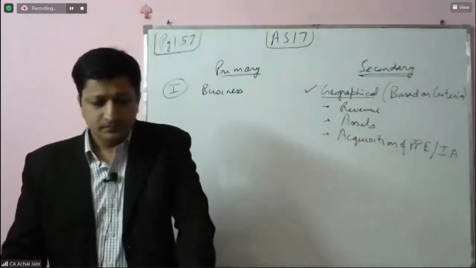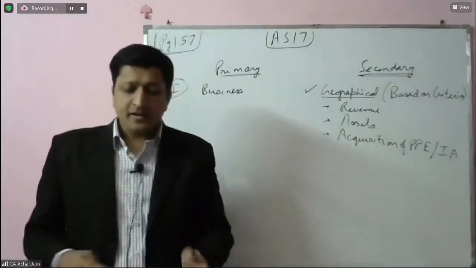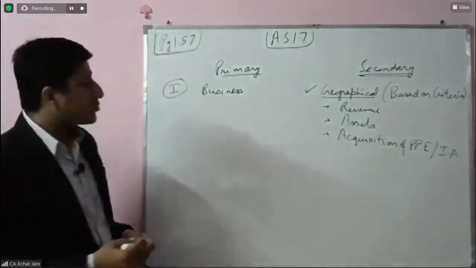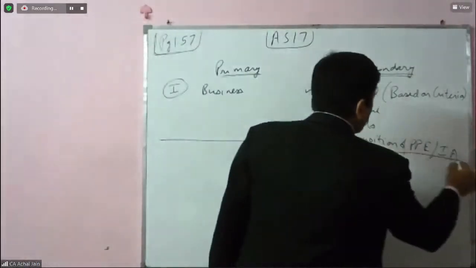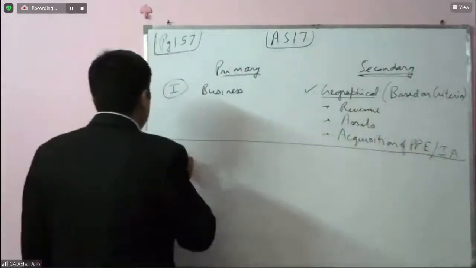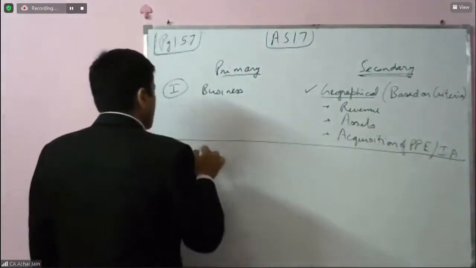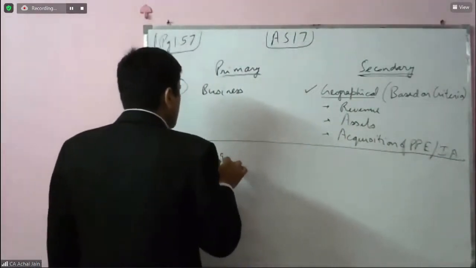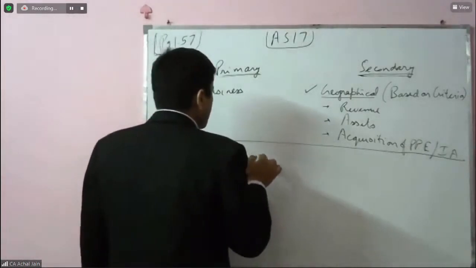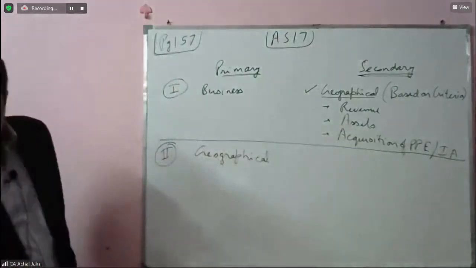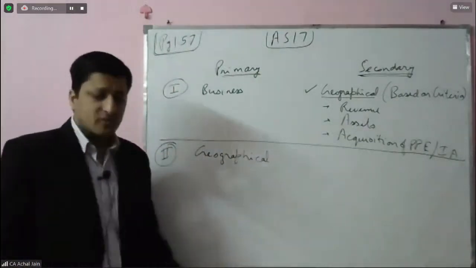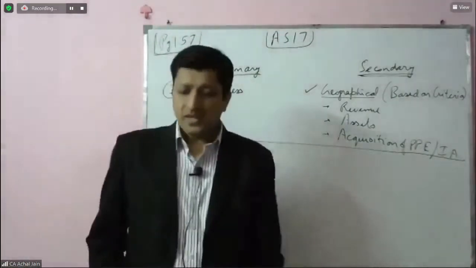Number two, if the primary segment is geographical segment. So let's suppose we are into a different situation. Let's suppose geographical segment becomes the primary segment. Geographical segment, let's suppose, becomes the primary segment.